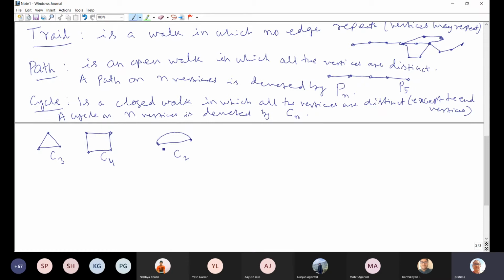So this will be say vertices v1, v2, taking this as e1 and then e2. Also, sometimes in multigraphs you may take this as C1 also, for a self-loop, by convention.